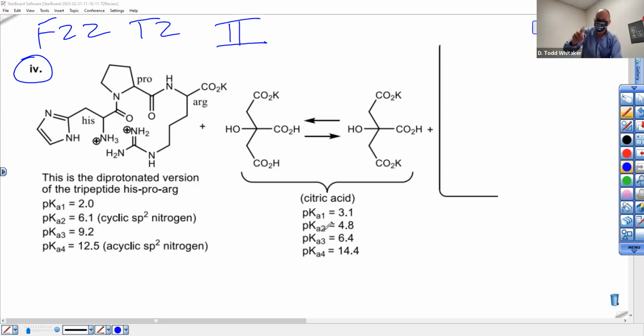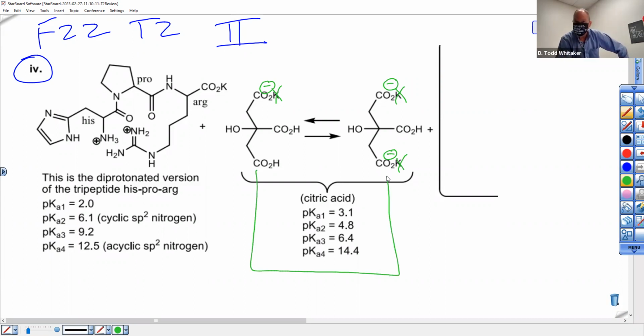Okay, step 1, and I'll do it in the right order this time. Step 0, actually. What is step 0? Get rid of all the spectators. Now you can tell me which of those 2 species has the extra proton. The one on the left or the one on the right? Left.